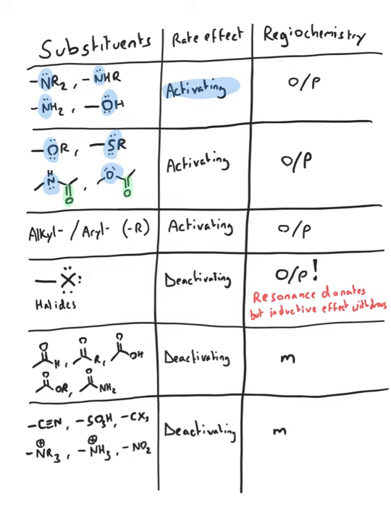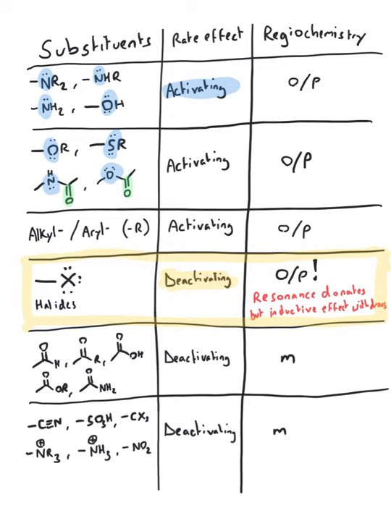Alkyl groups are able to hyperconjugate, whilst halogens are the special case. They seem to have lone pairs and therefore are ortho-para directing, but they slow down the reaction. They are deactivating in that sense.